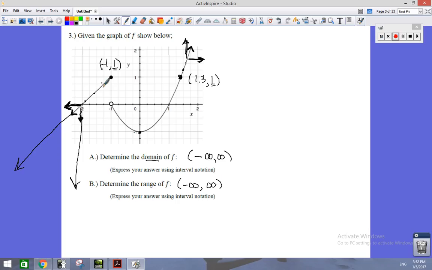So even though I had this jump in the graph, there was overlap in the y values. The y portion of these coordinates were also the y portion. These points here have the same y coordinates, so the same height above the x-axis. Anyway, the domain and range for this problem is all real numbers, and hopefully you can see that.